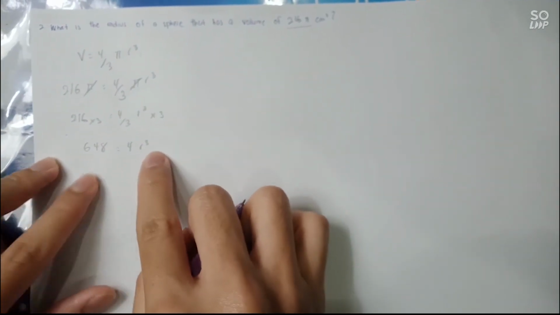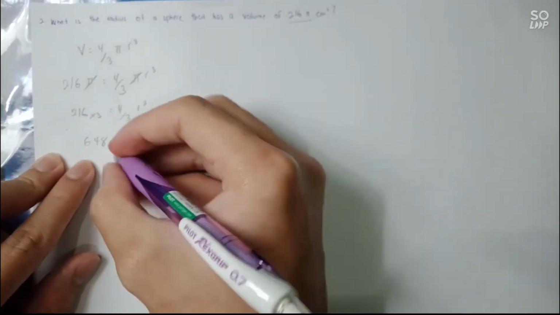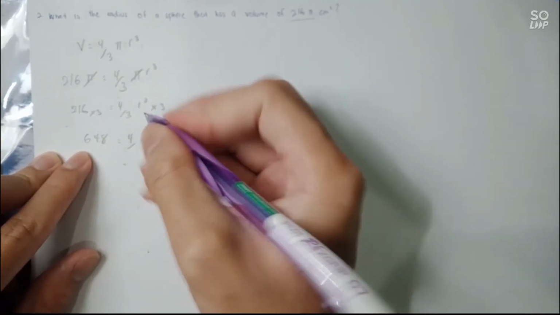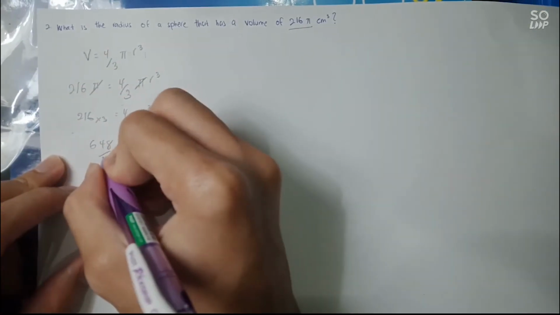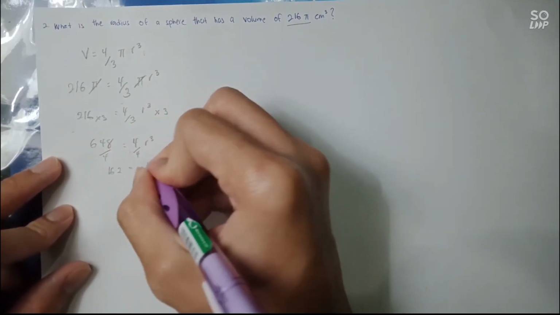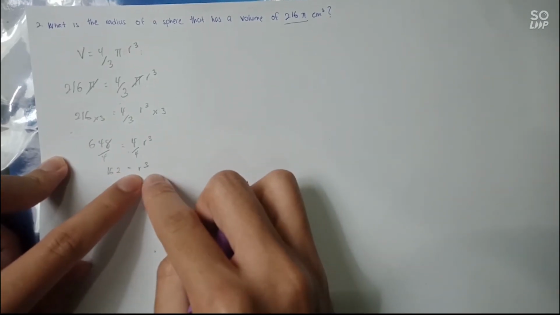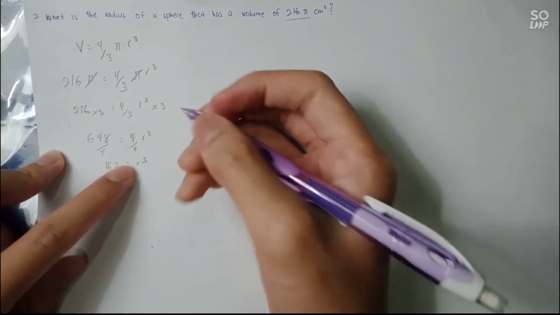So you need to isolate the r, a single r. So what you need to do is divide both sides by 4 and you will get 162 equals r cube. The last thing you need to do is find the radius, single radius.